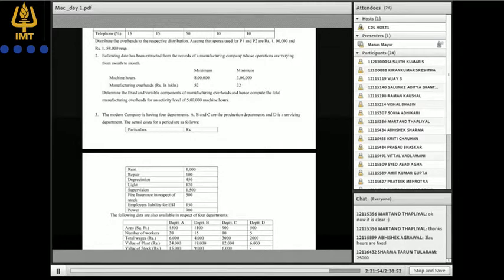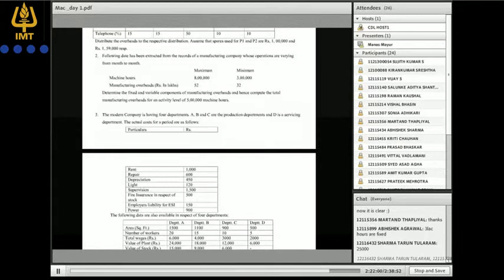Yes, you are almost on the line. Now see, here minimum machine hour is 3 lakh hours, and overhead for that minimum level is 32 lakh. Now this minimum machine hours includes fixed cost. I am repeating, this minimum level includes fixed cost and some amount of variable cost.